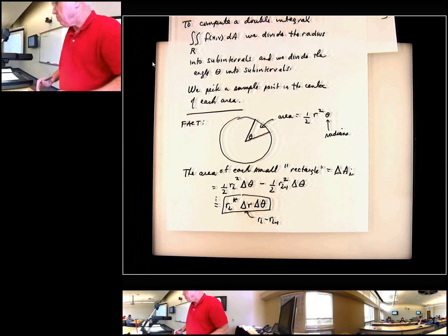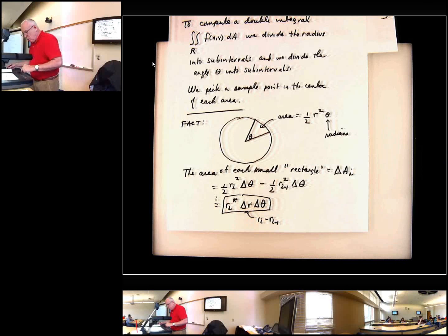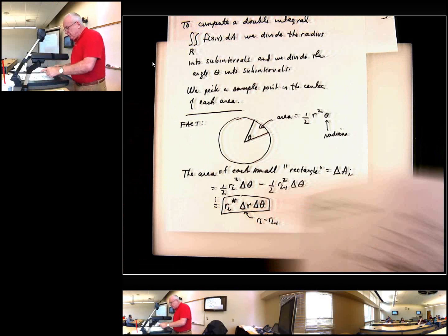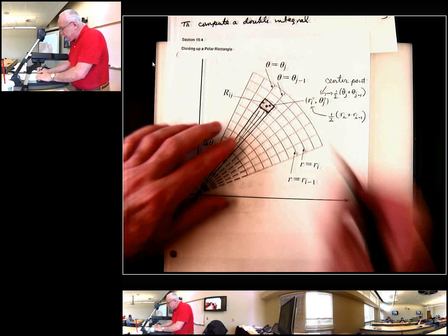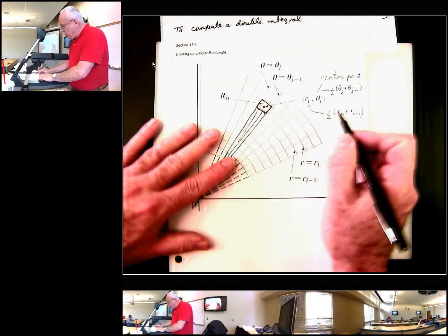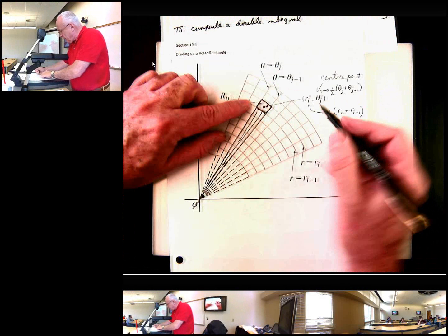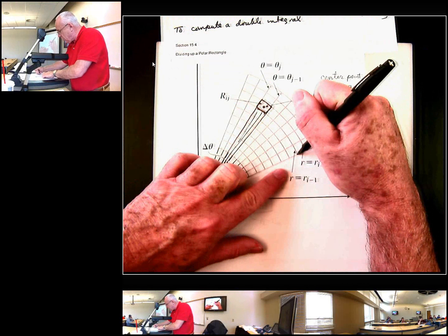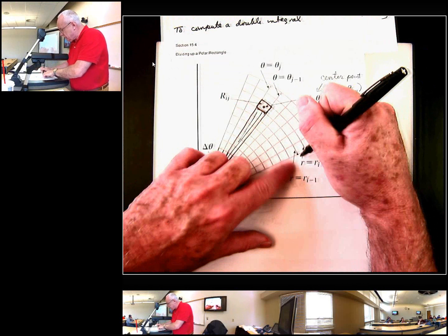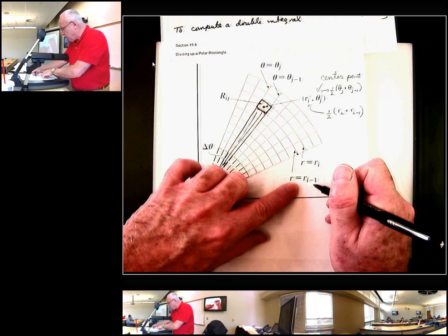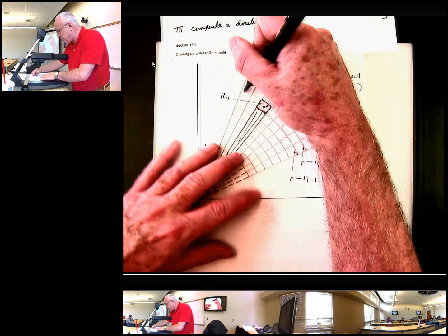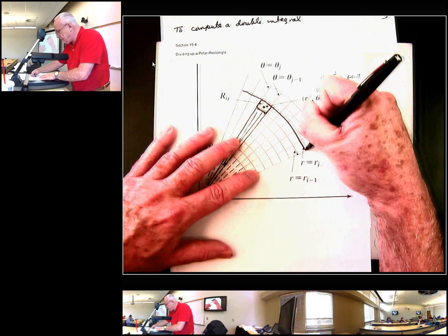So can you give what the r sub i star is? Okay. This r sub i star is the value of r, which is, for this rectangle, our inside r is r sub i minus 1. Our outer r is r sub i. Okay, so we have two r's here. This is the bigger one, and this is the smaller one.